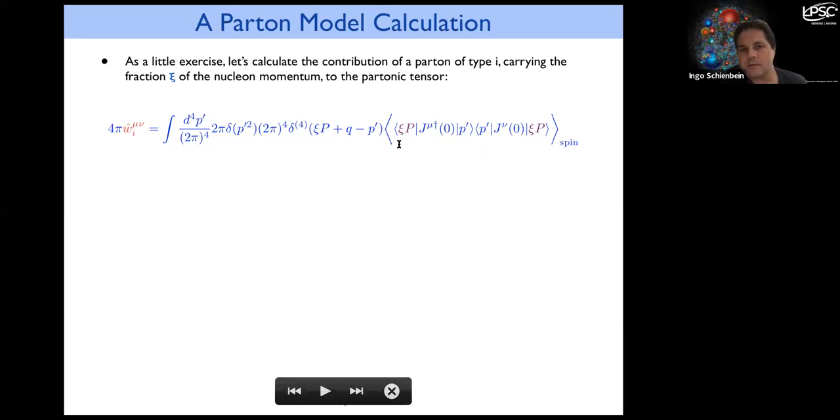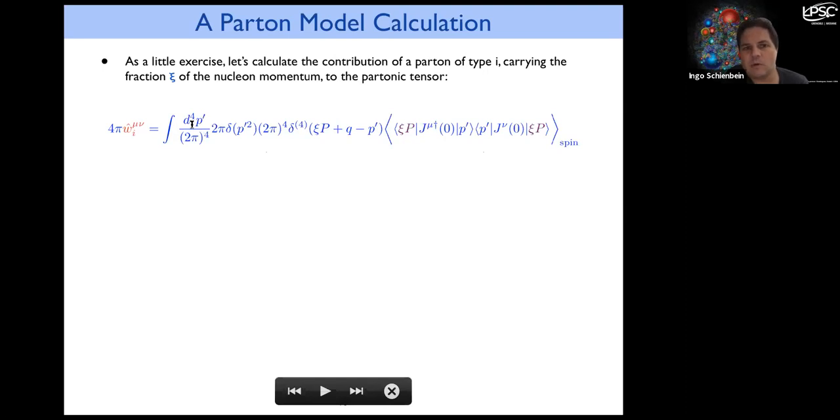So there are different components. It's the product of currents between partonic states averaged over the spin. Then we have (2 pi)^4 times a momentum conserving delta function. And then we integrate here over the phase space of the outgoing parton, p prime.